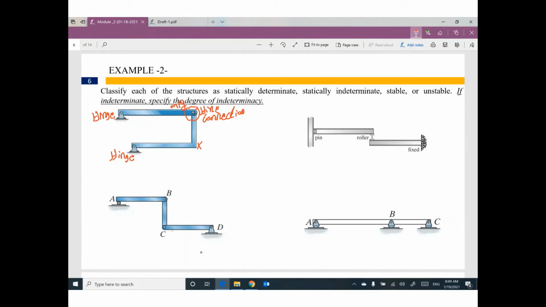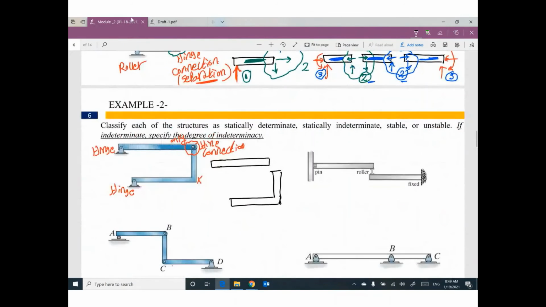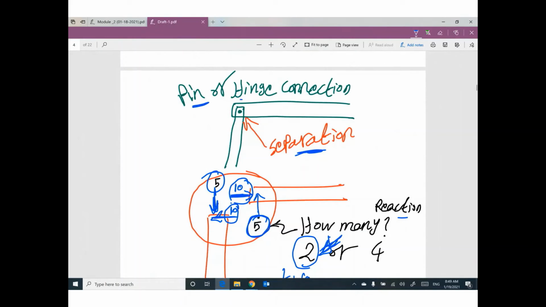So, first step, I have to do separation. This part alone and this part alone. That makes sense? Guys, to be clear with you, I told you if you have hinge or pin connection, only then do separation.